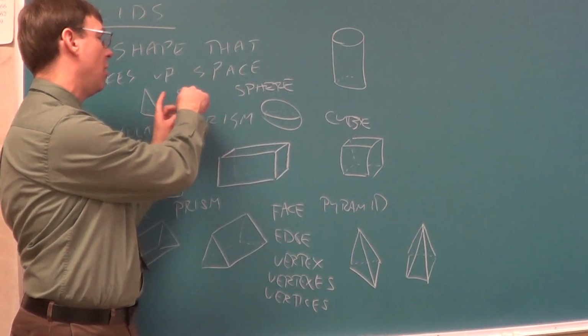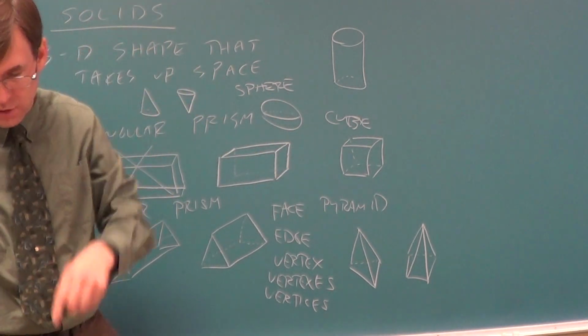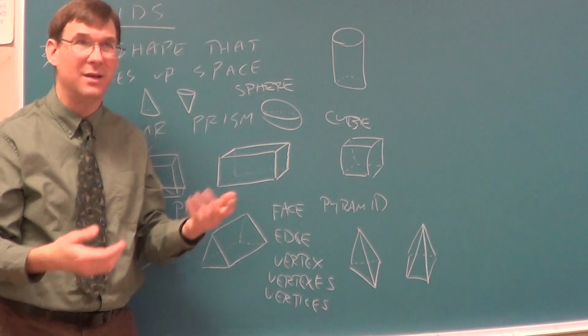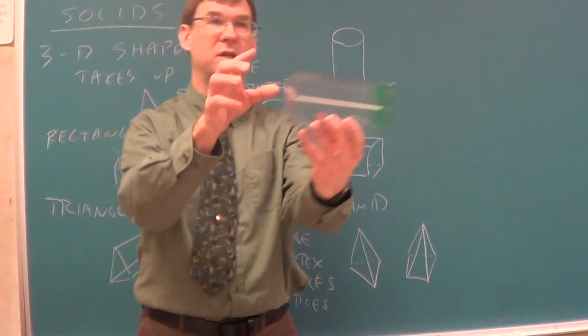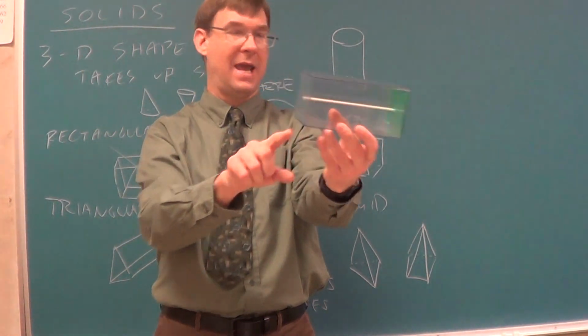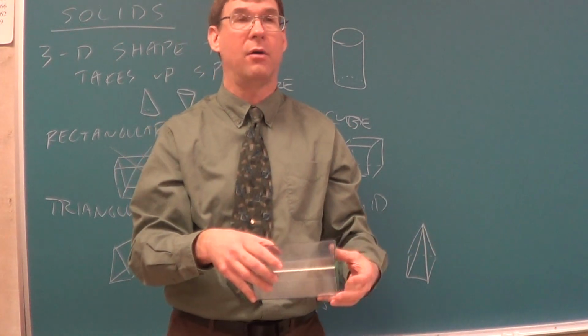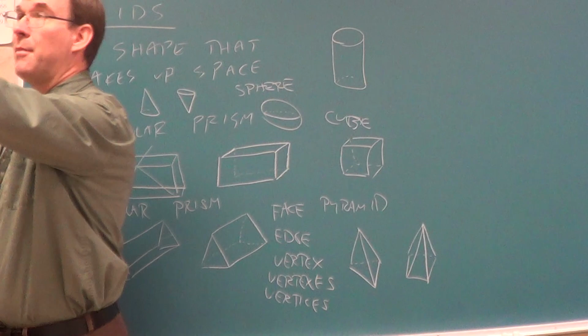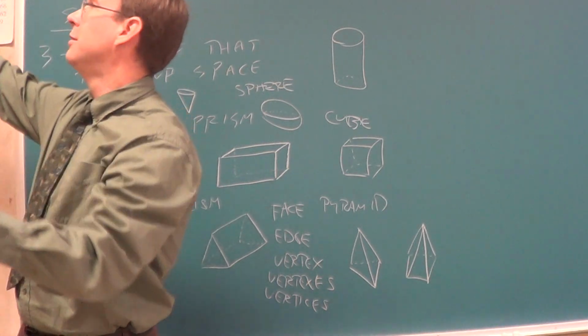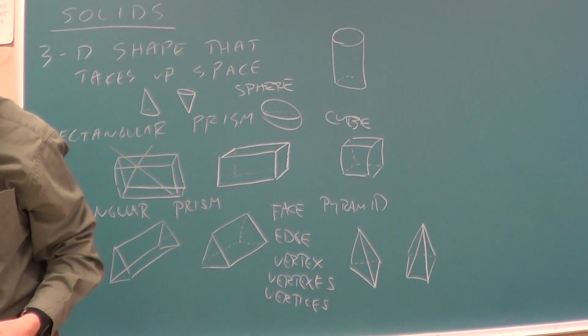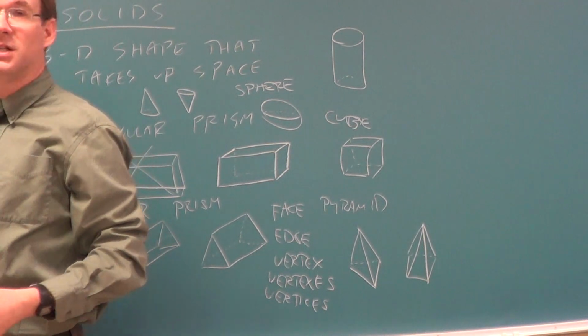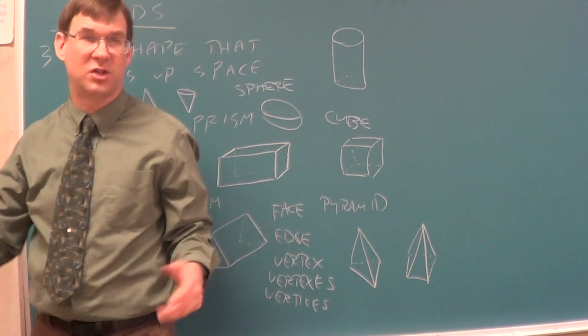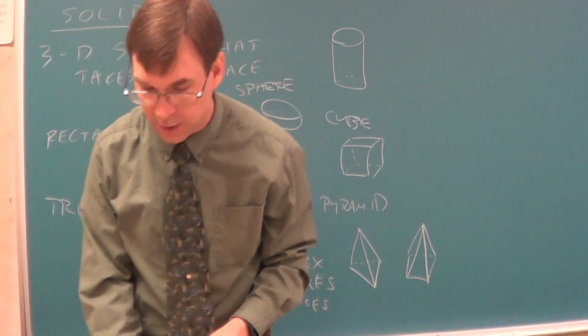The solid lines are coming out at you, but the dotted stuff would be hidden. If I hold this up to you, you can't see the back of it right now. It's invisible. My big cabinet here is a solid. We can see the top and the side, but none of us can see the back corner. It's hidden by the shape, so that would be drawn as a dotted line.